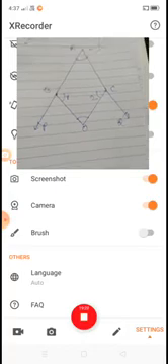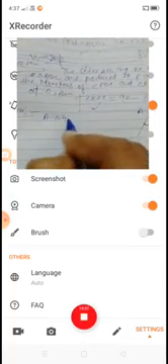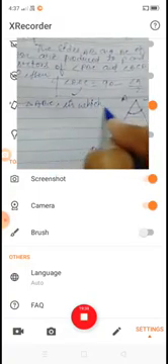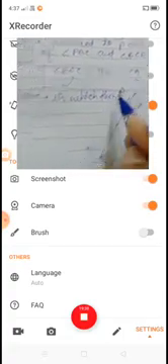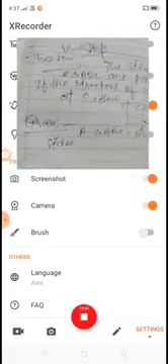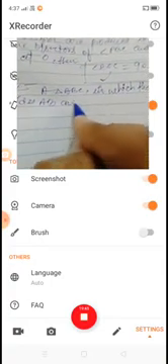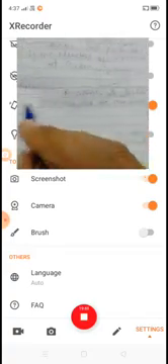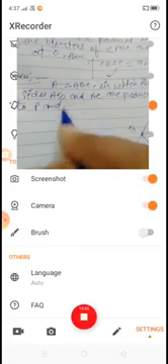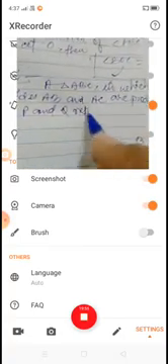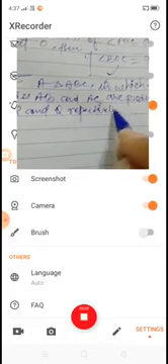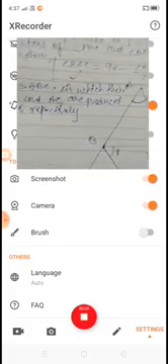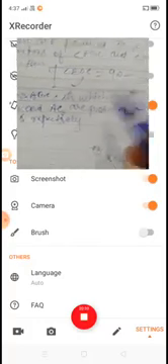So first of all, write in given: a triangle ABC in which the sides AB and AC are produced to P and Q respectively.